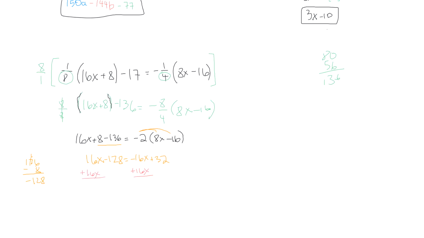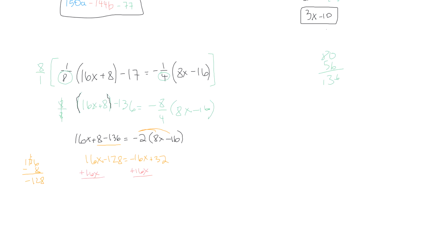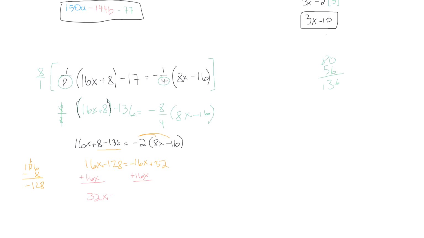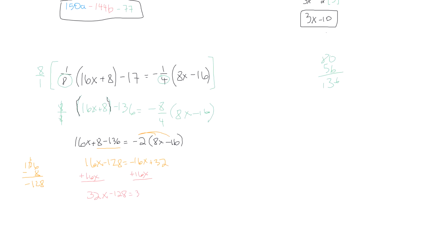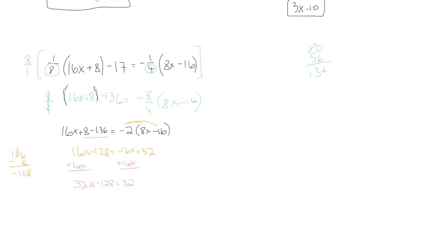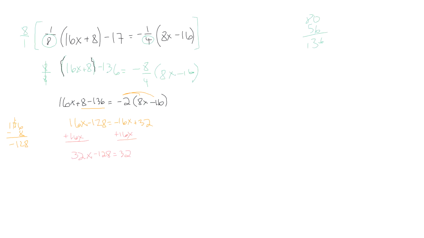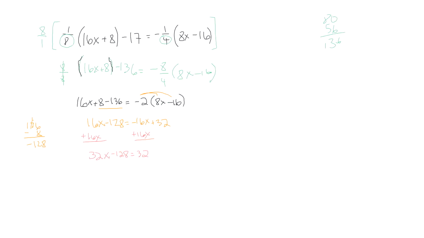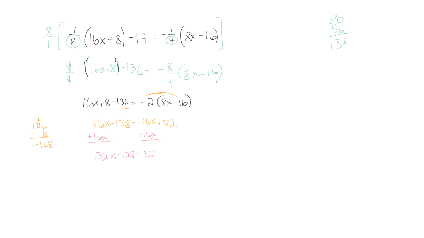The 16x plus 16x is 32x minus 128 equals 32. And sorry, since I've decided to keep the x's on the left side, I'll put the constants, just the numbers, on the right side. So plus 128.